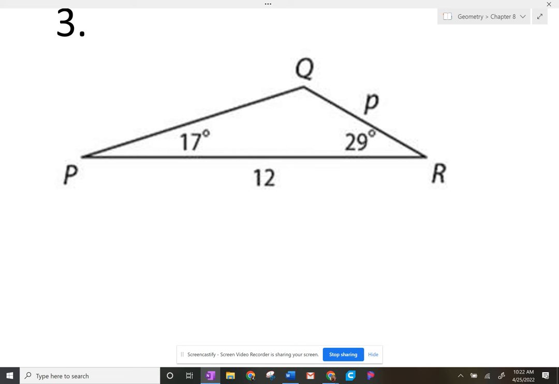So I've got 17 here. I've got the matching side, that's going to be the P. Do I know which angle I'm going to use for 12? Yes, no? No, I don't. So you'll have to figure out this angle first, and then I'll have you guys work through and use the law of sines. I want you guys to work this one on your own.